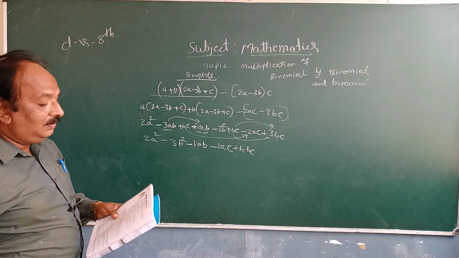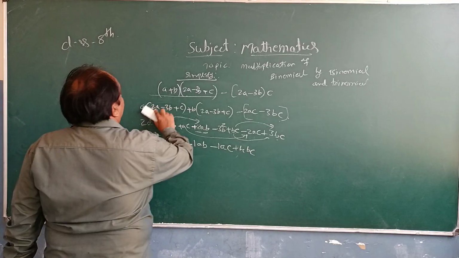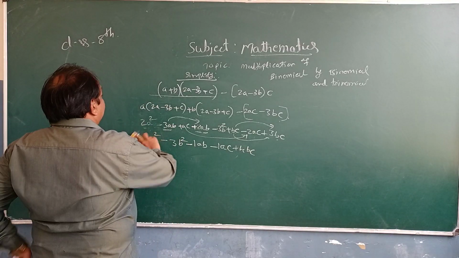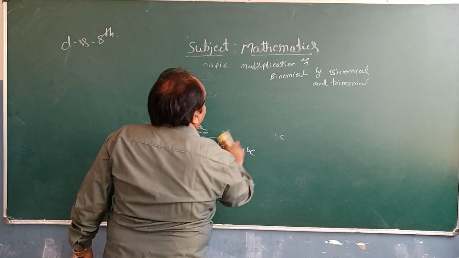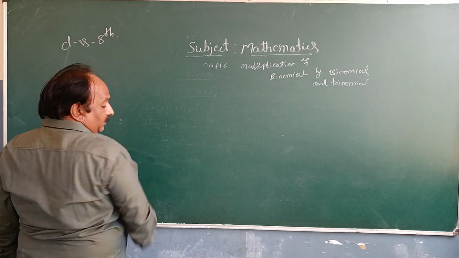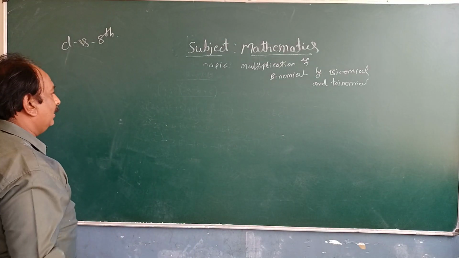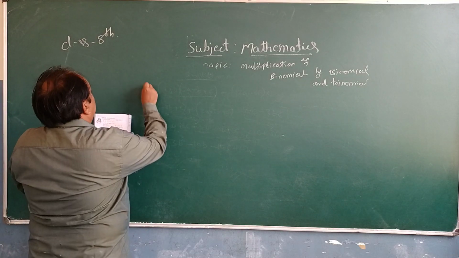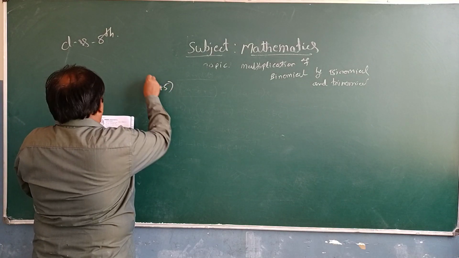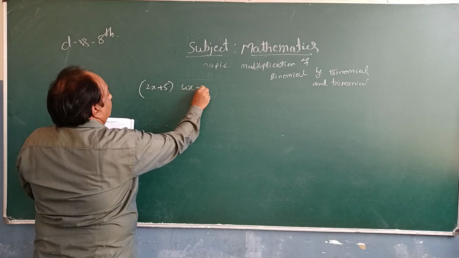Now we are going to solve exercise 6.4 problems based on this multiplication of binomial by binomial and trinomial by trinomial. 2x plus 5 into 4x minus 3.